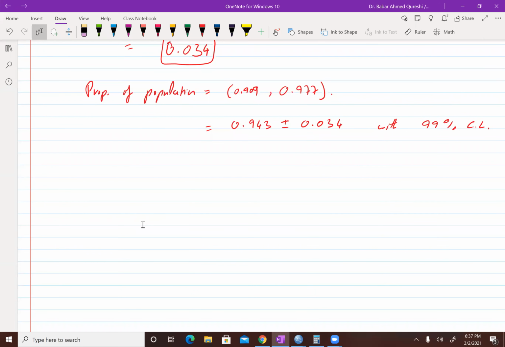The next case is slightly different, slightly complicated, because we are going to estimate the variance of the population. Even if you assume that the population is normally distributed, so far we have been getting the mean of that normal distribution.